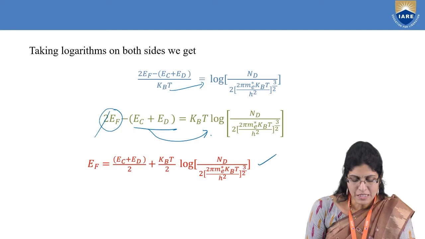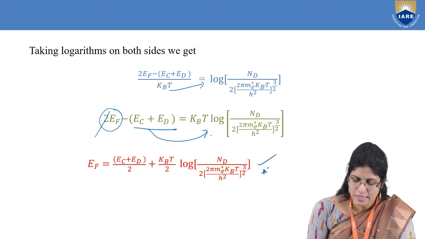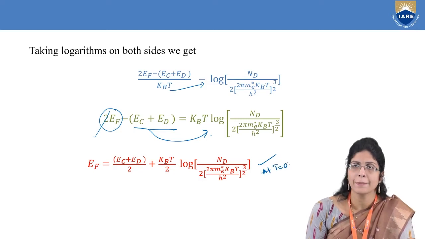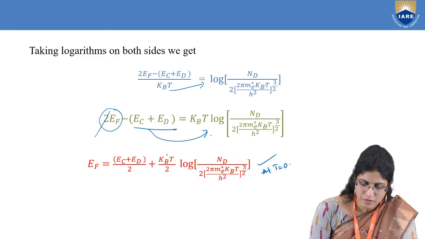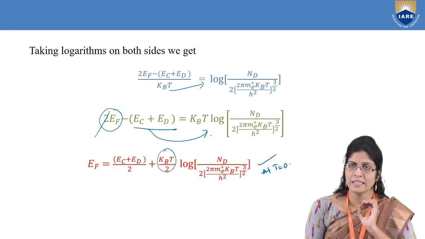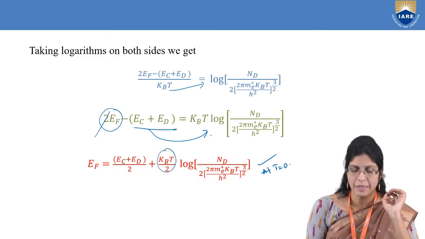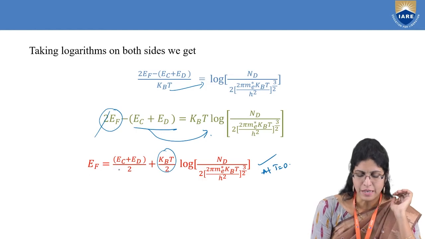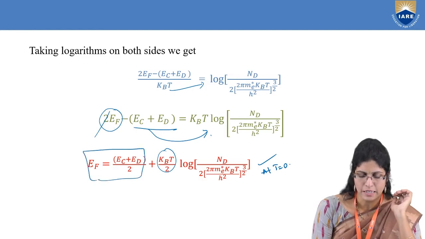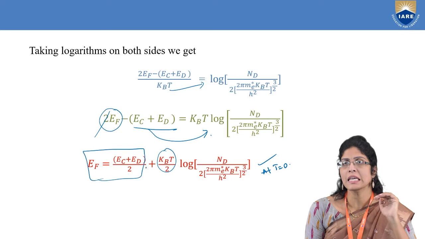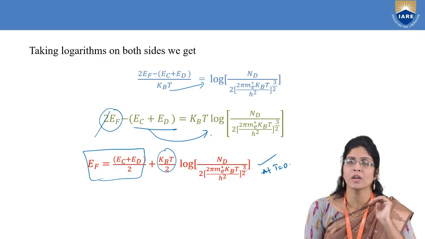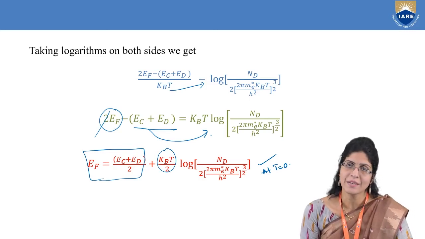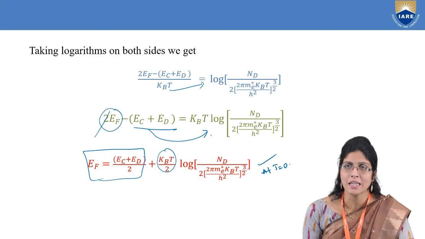So now from this, what do you understand? At T equal to 0, what will happen? This whole term, even at a very mild temperature, will become 0, and EF will be (EC plus ED) by 2. That means it will be in between EC and ED. That's what I have pictured in my previous slide. It is mathematically proved.